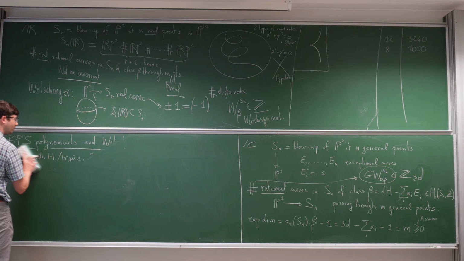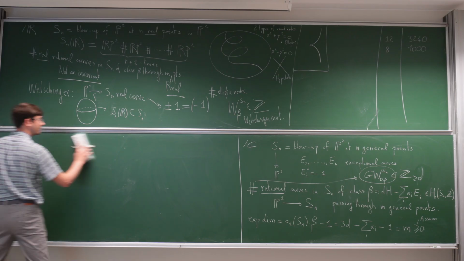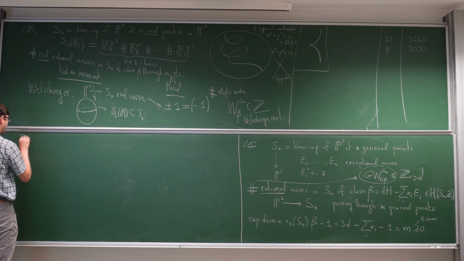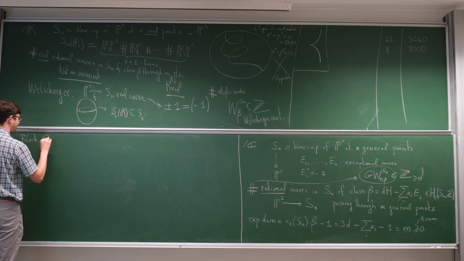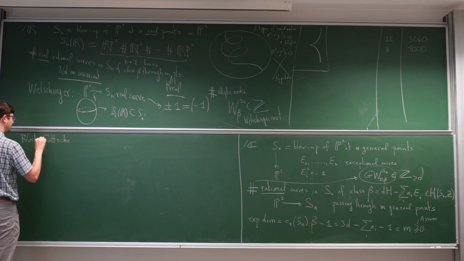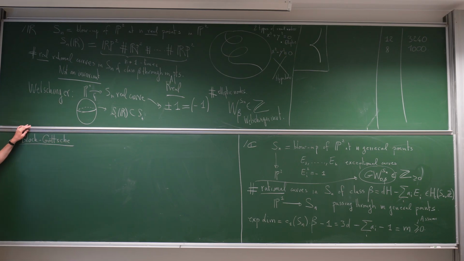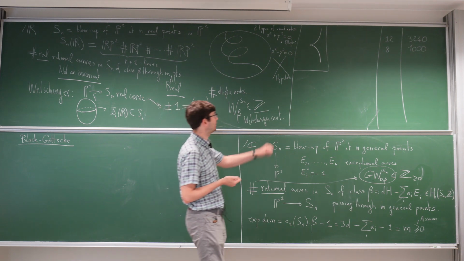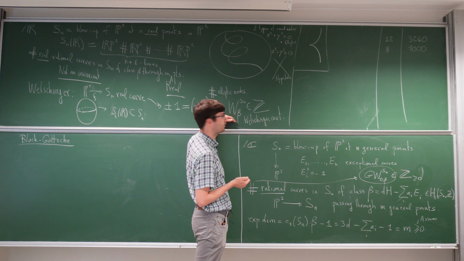So there is something remarkable, which has been discovered by Block and Göttsche, which is that, in some cases, there exists a natural polynomial in one variable q which interpolates between the count of complex curves and the Welschinger counts of real curves.